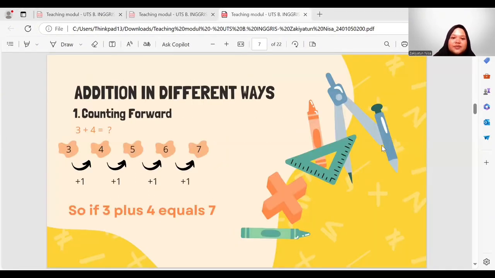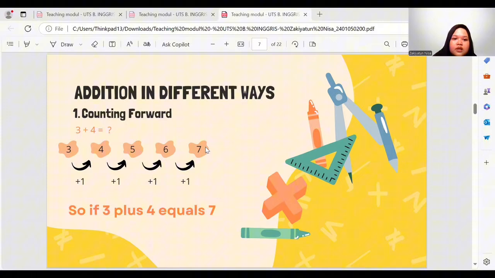Okay, we will discuss the first part of the addition material. It is about counting forward. For example, 3 plus 4, how much? Let's calculate together using the forward counting method. So we will make 5 boxes first. 1, 2, 3, 4, and 5.